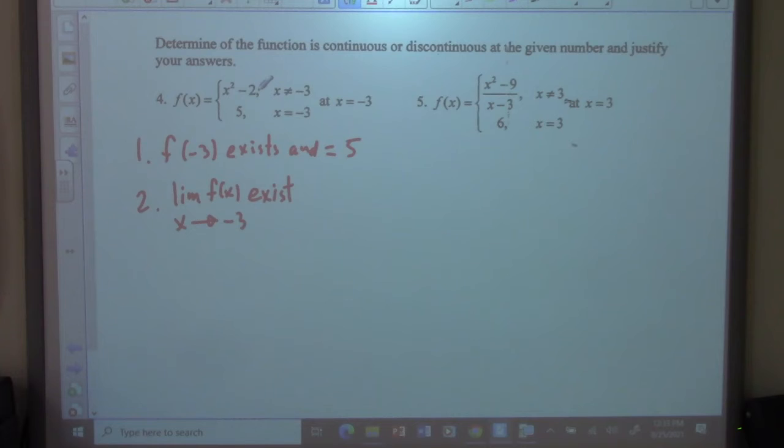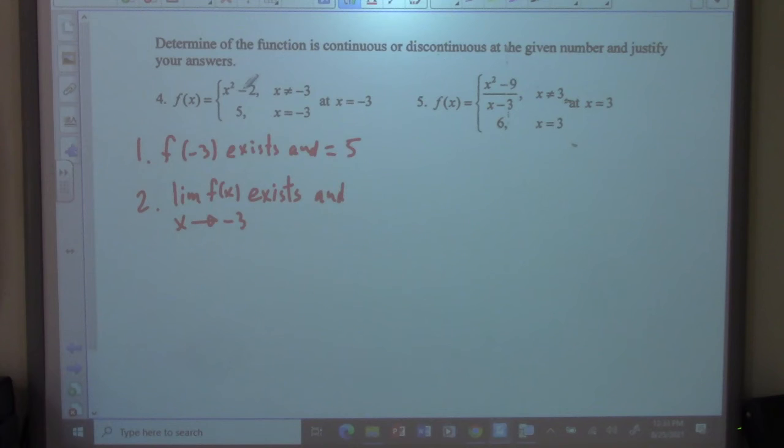Why do you know? Because this one includes left-hand and right-hand limits. And since it's the same function rule, it's going to be the same. So it exists, and what is that equal to?